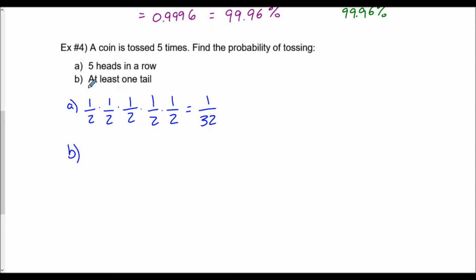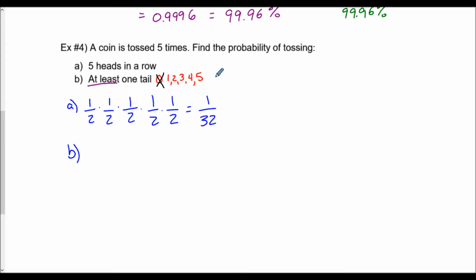Shoot, we see this phrasing again: at least one tail. Well, what does that mean? Having at least one tail means you could have 1 tail, 2 tails, 3 tails, 4 tails, or 5 tails. You just cannot have 0 tails being tossed.